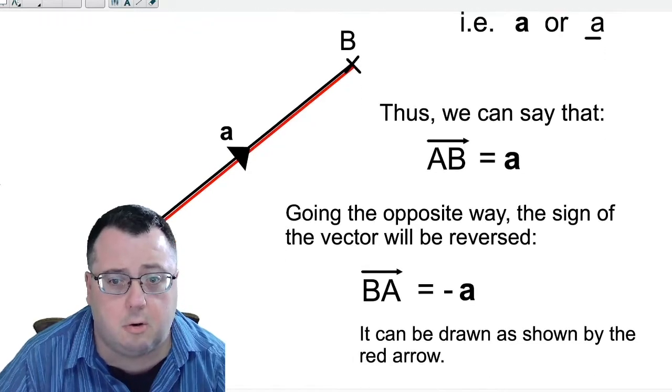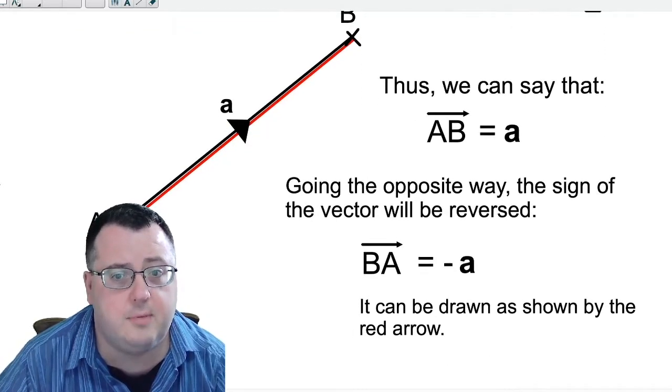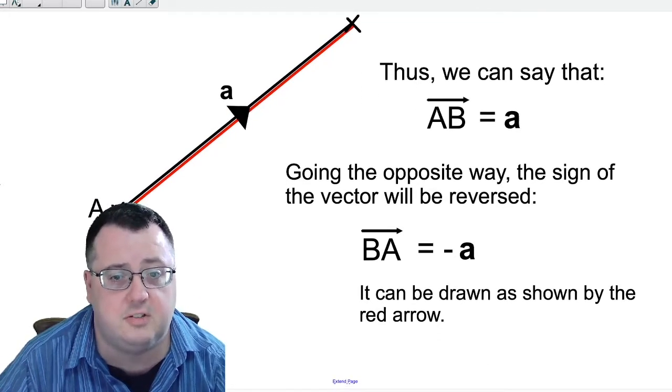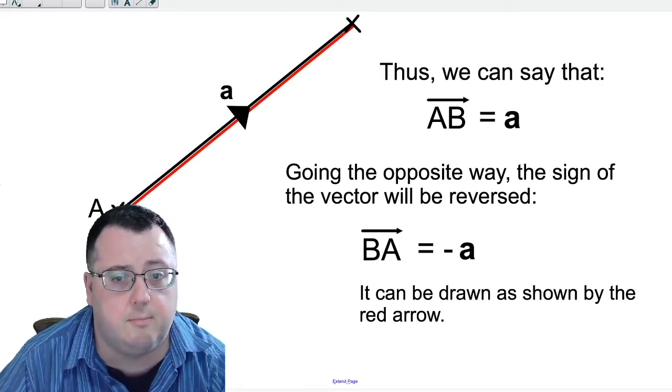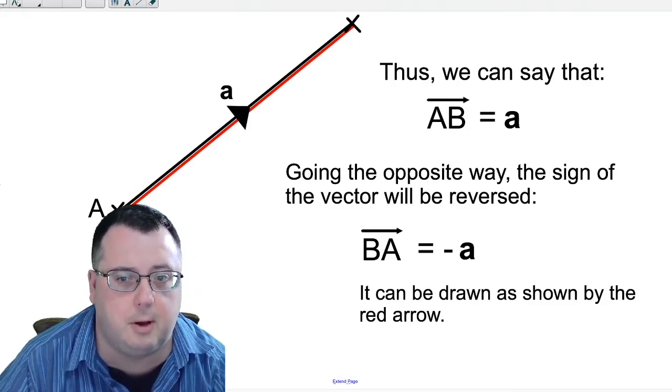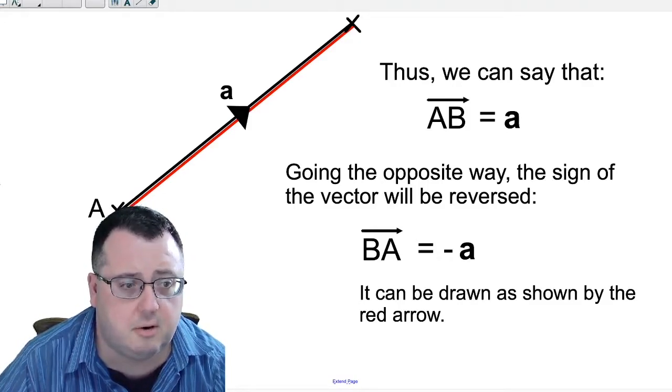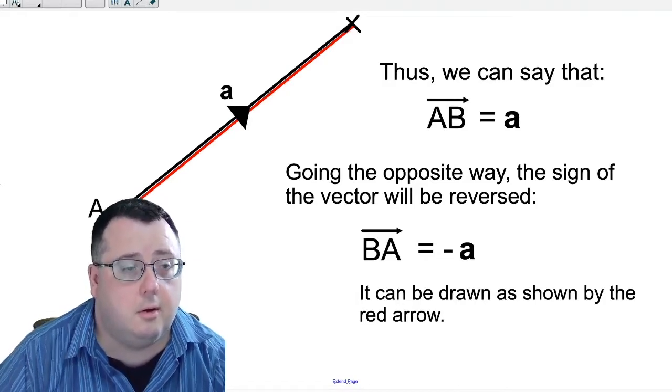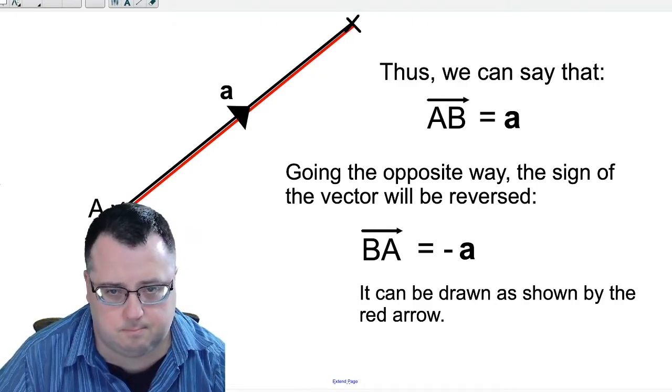Or if we're going the opposite way, the sign of the vector would be reversed. So going from B to A with an arrow on top would be negative bold a. Is that alright? Good.